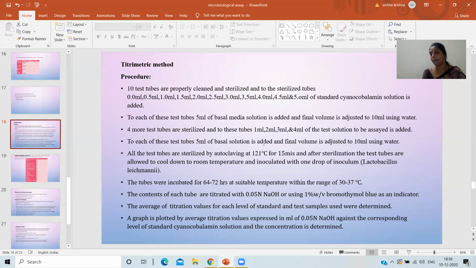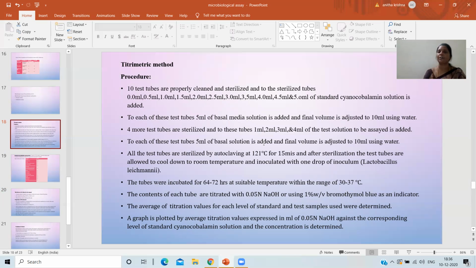The inoculum solution we have made contains the cells of Lactobacillus leichmannii. Then all the tubes are incubated for 64 to 72 hours at a suitable temperature within the range of 30 to 37 degrees. Then the contents of each tube are titrated with 0.5 normal sodium hydroxide, using 1% weight by volume bromothymol blue as an indicator.